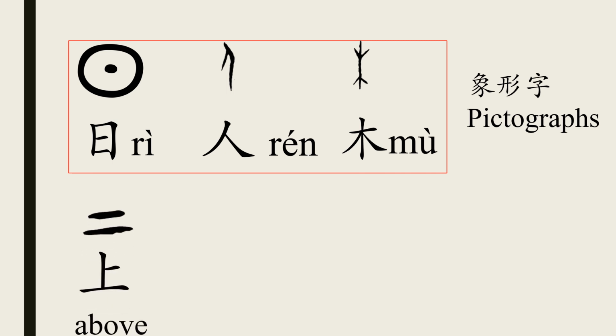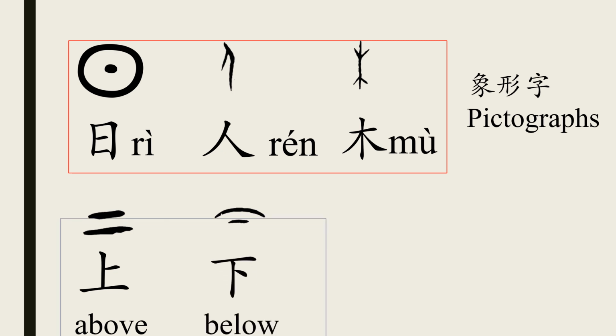For example, people use different iconic forms to distinguish above and below, 上 and 下. When the line is above the horizontal line, it is 上, above.